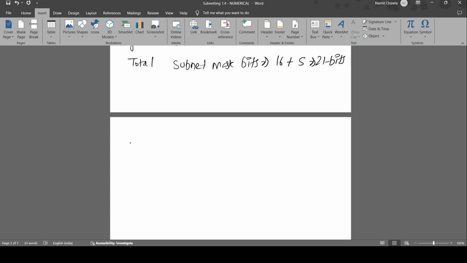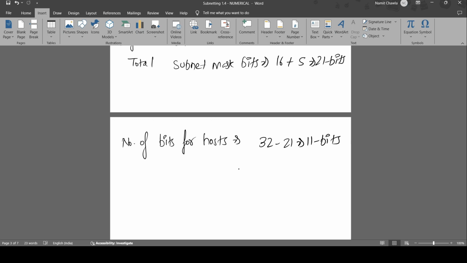Now if the subnet bits are 21, the number of bits for hosts is equal to 32 minus 21, which equals 11 bits. As simple as that.